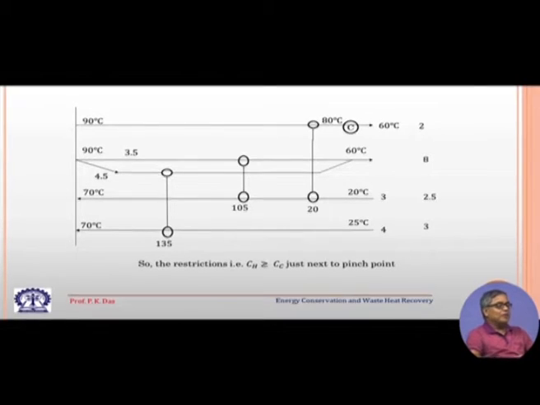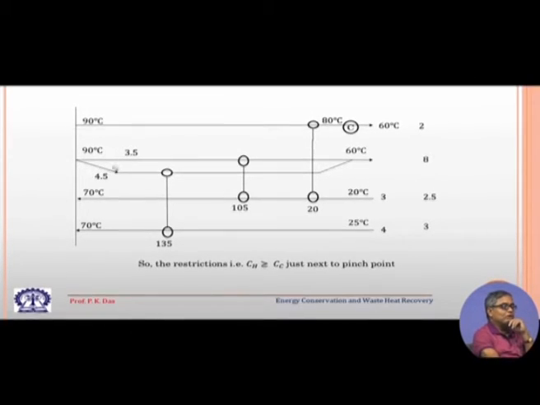So, next level for the cold end we get the solution like this. There is a stream splitting needed, and we have already shown the stream which is having 8 heat capacity rate, the hot stream that has to be split into 2.